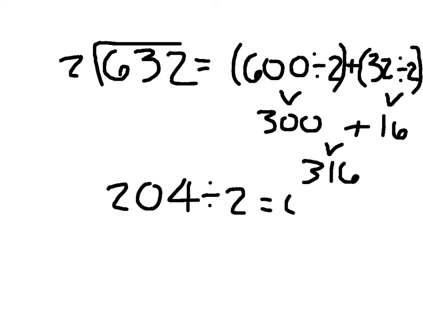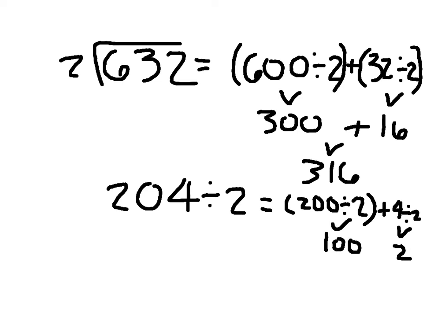So the strategy is 200 divided by 2 plus 4 divided by 2, which is 100 plus 2, that is 102. Now, you might have been able to do that right in your head, and in that case, you just put the little caret right there, and you evaluate it right to 102.